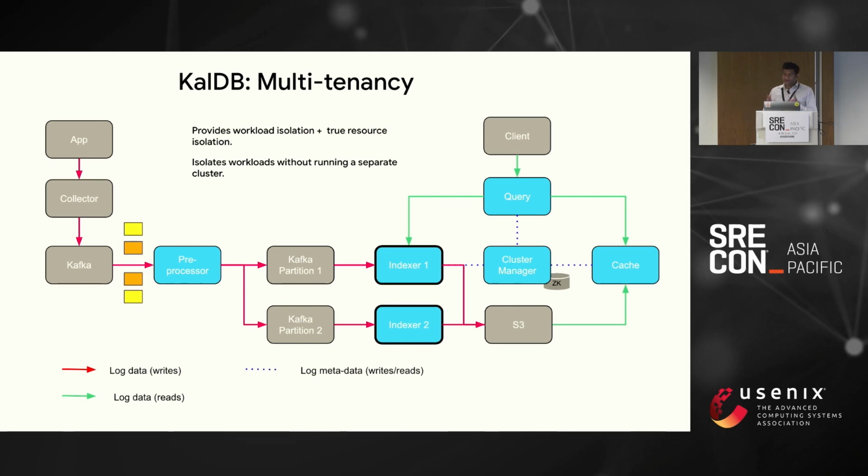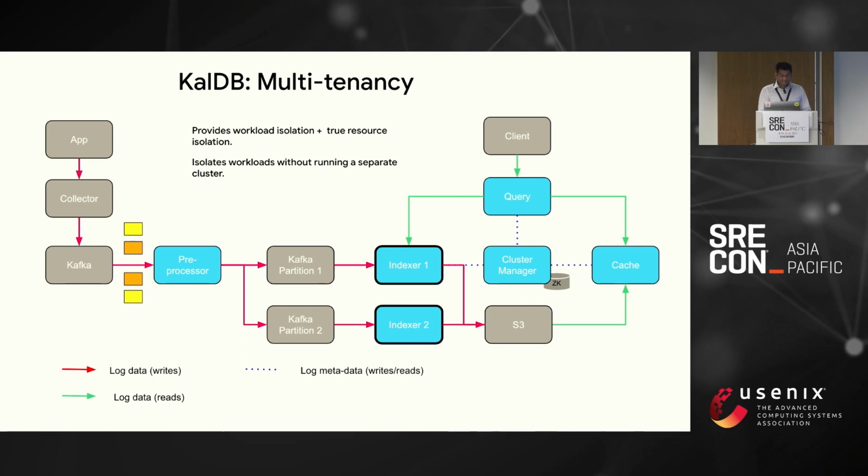That's not the problem. The problem is these indexes do not get any resource isolation. So if you get a query for one index, and that query is consuming all the resources, the other indices on the same node suffer in Elasticsearch.